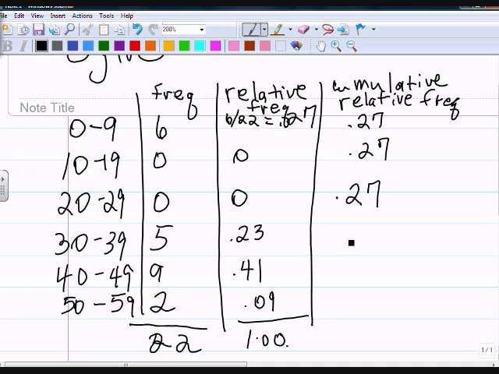For the fourth row, it's the previous sum plus the 0.23. For the fifth row, it's the previous sum, 0.50, plus the relative frequency for the fifth row, 0.41, which gives 0.91. And for the last row, it should be about 1.00, and since we corrected that 11 to a 9, 0.91 plus 0.09 is 1.00.